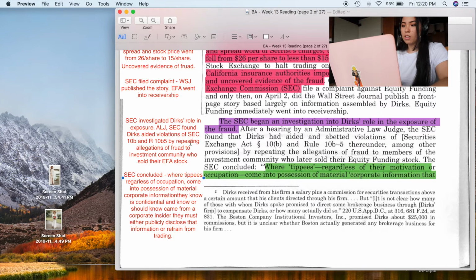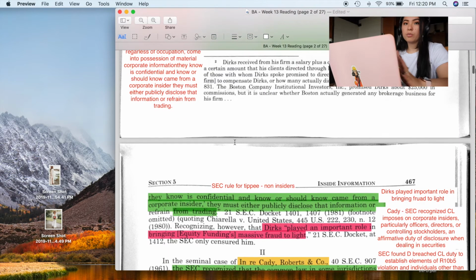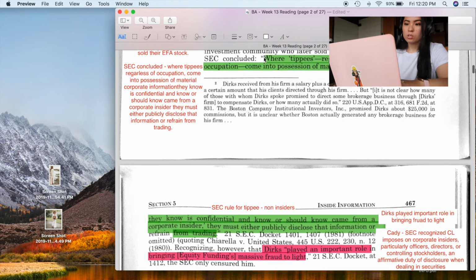And then these green colors are my rules. This is the rule that the Securities and Exchange Commission made up, where tippees, regardless of occupation, come into possession of material corporate information. If he asks me what that rule was, I have it right here.